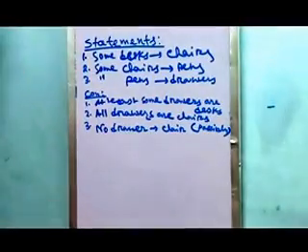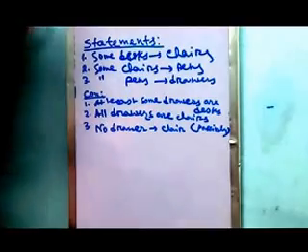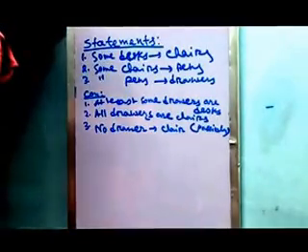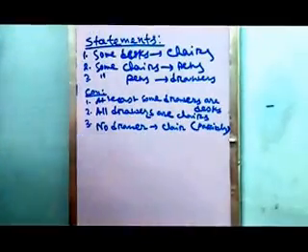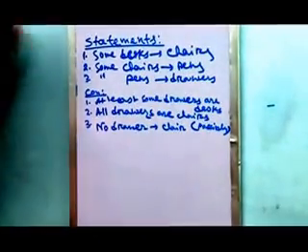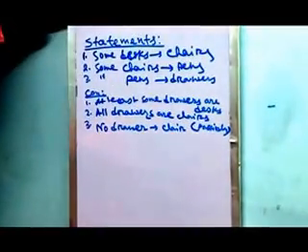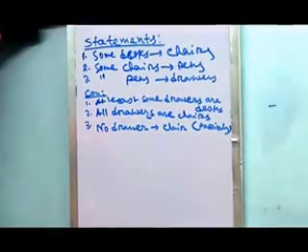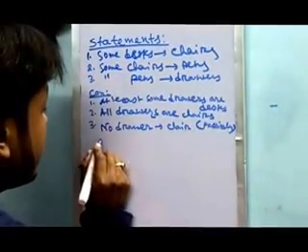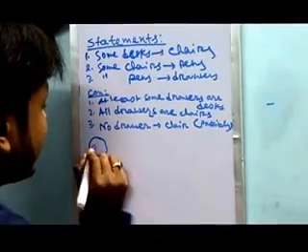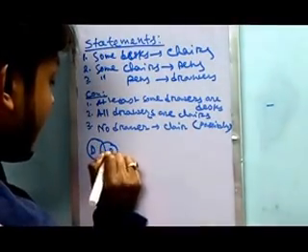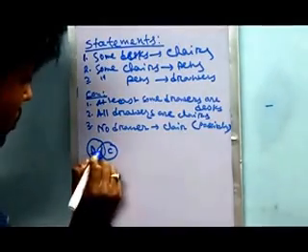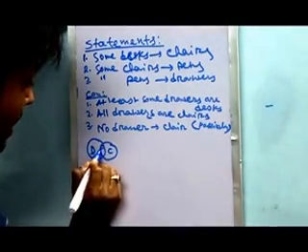So based on the statements, let's draw a basic Venn diagram. So what will be the basic Venn diagram? Some desks are chairs. Why some?